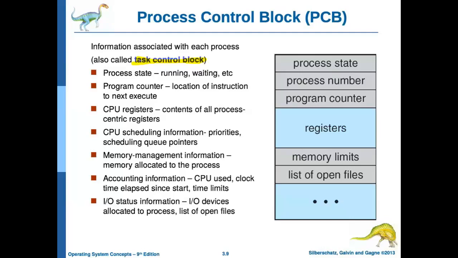So that state information will be stored, whether it is just newly created process or ready or running or waiting, suspended, terminated, in which state the process is there. So that is the process state. Very first kind of information.